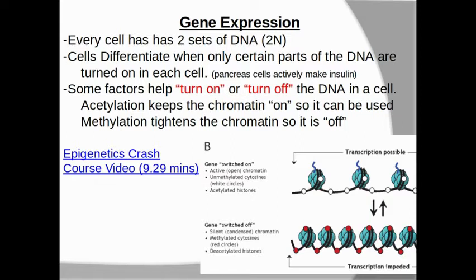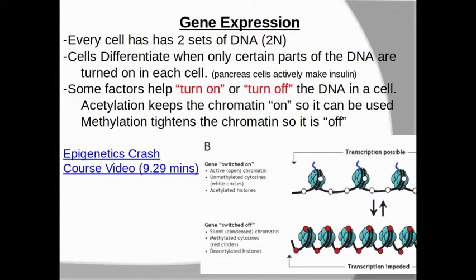Well, there are factors that can turn on or off certain parts or sections of DNA inside of a cell. There are two different chemical reactivities that are identified here. This is acetylation and methylation.